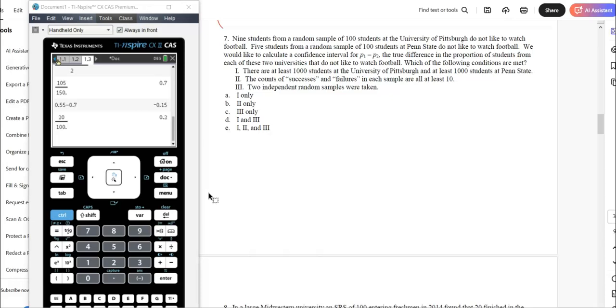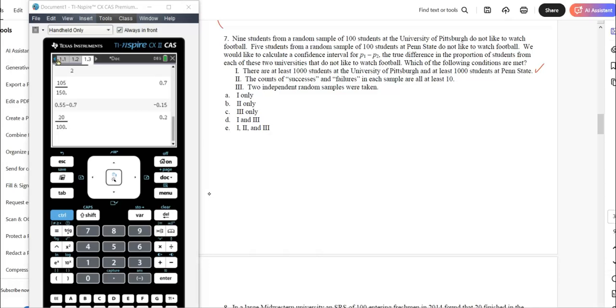Okay, these are popular questions here. So there are at least 1,000 students at the University of Pittsburgh, at least 1,000. Well, that's true. I mean, there's a lot of students there. So that'd be 10 times as much as the sample, which would meet the less than 10% condition. The counts of successes and failures in each sample are at least 10.